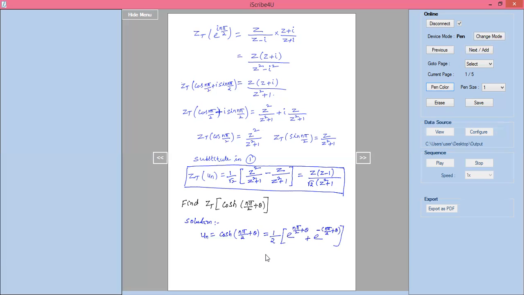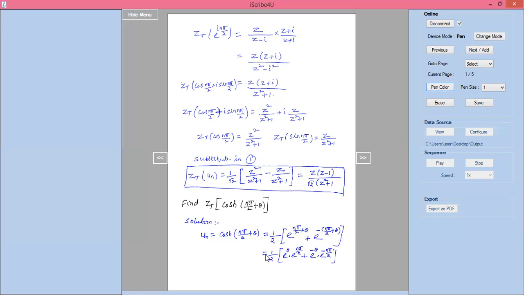Now this only I'll write 1 by 2 into e power theta into e power n pi by 2 plus e power minus theta into e power minus n pi by 2.